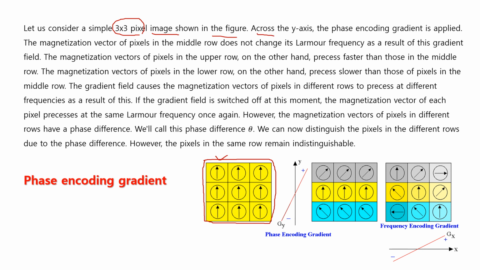Now across the y-axis, this axis, the phase encoding gradient is applied. So this kind of slope. Okay.